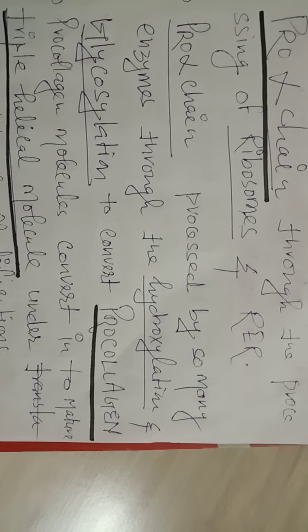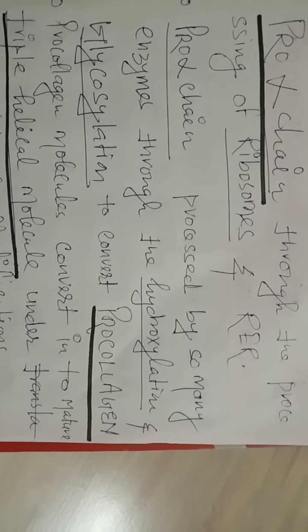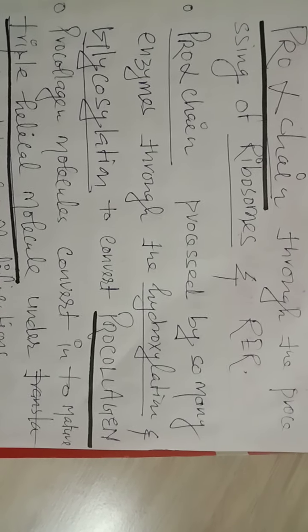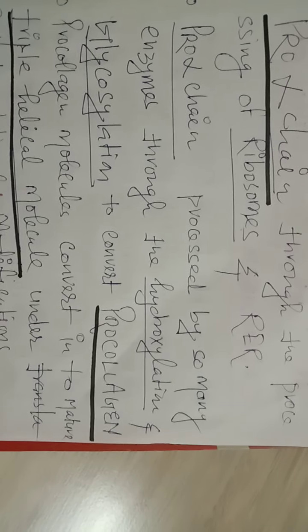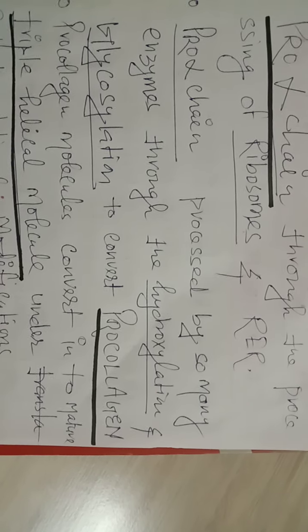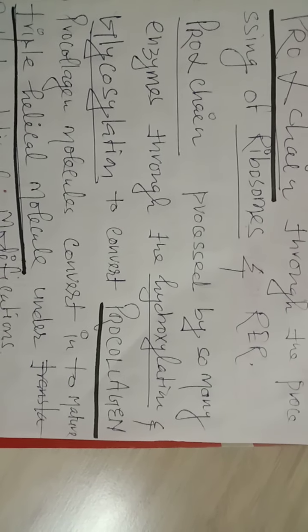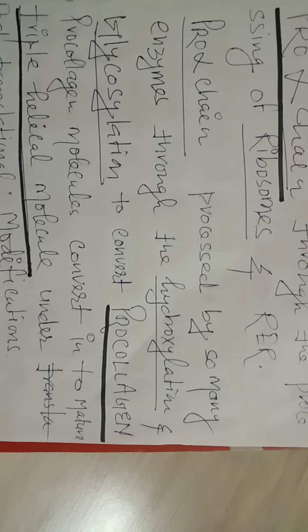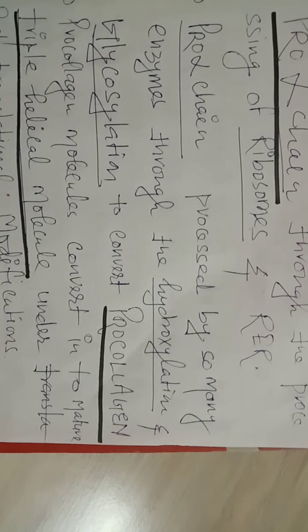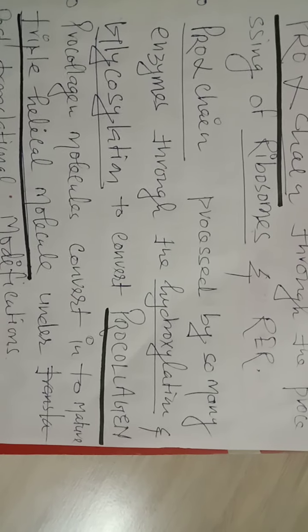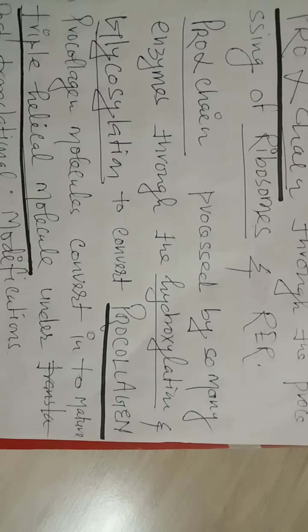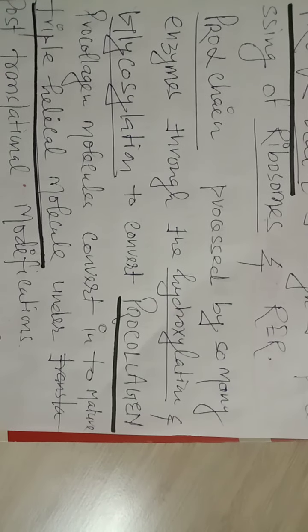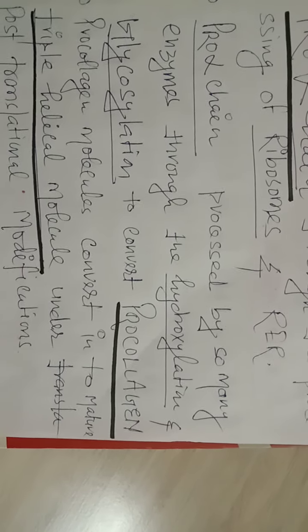Hydroxylation, you can say the addition of OH group, and glycosylation, addition of some carbohydrate moiety. So the pro-alpha chain will be processed with the help of enzymes through the processes of hydroxylation and glycosylation, and it will convert into the procollagen.